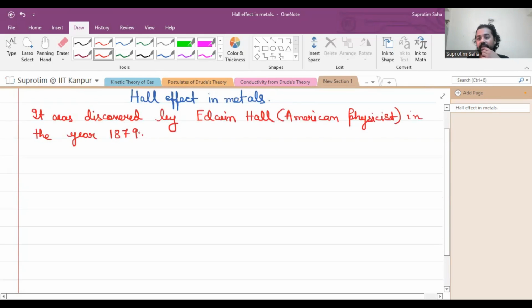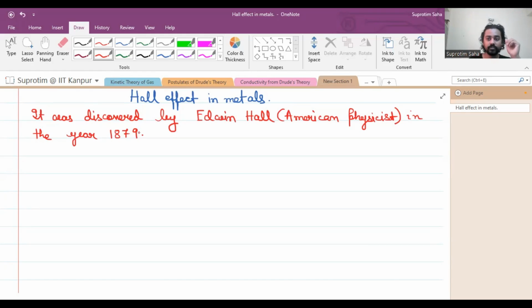So what he was trying to understand was what happens if you apply an electric field to a current carrying conductor. He was asking the fundamental question: the magnetic field, was it affecting the conductor as a whole, or was it affecting the charge carriers, the electrons?